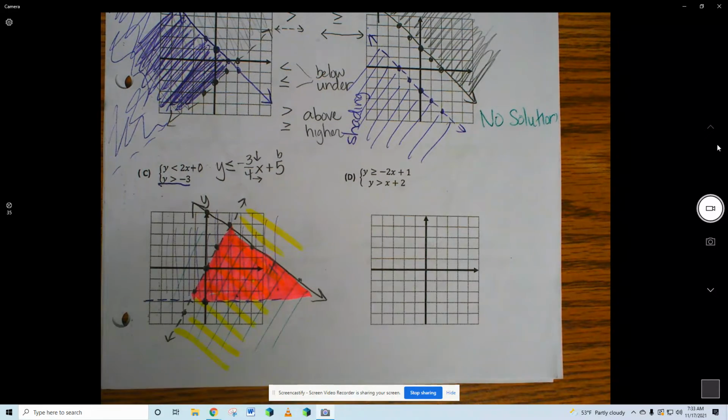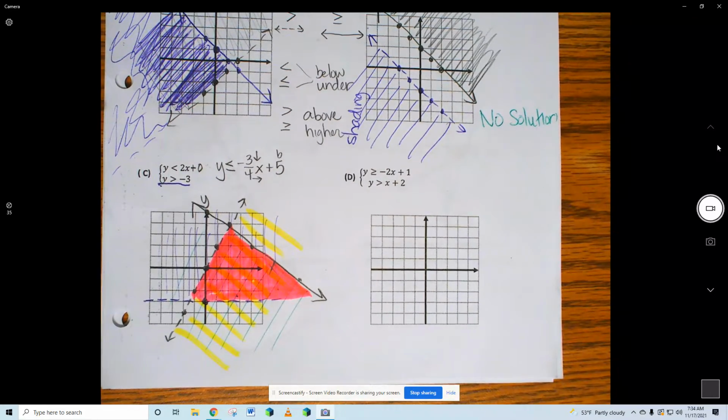Let's look at your homework. Get out the homework packet.